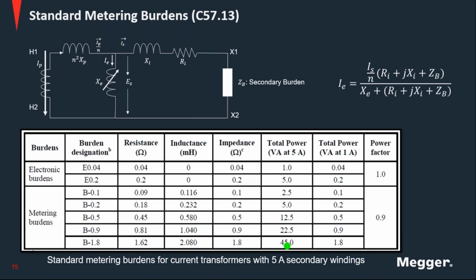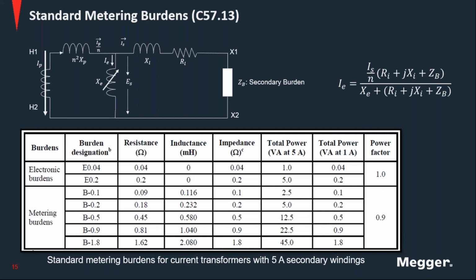So you can have a maximum VA of 45, which is telling you that this instrument transformer can only supply a load up to 45 VAs if you are using a 5 amp secondary current for current transformers, in this case CTs, and 1.8 if you are using 1 amp as a secondary current. And the burden can also have a specific power factor.